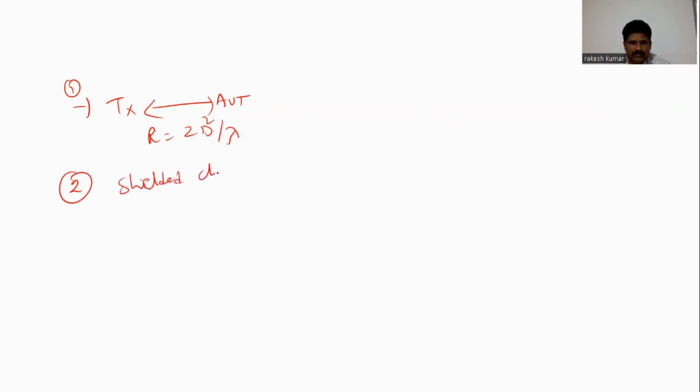So the things to remember before doing the experiment: first, the separation distance between the transmitting antenna and the antenna under test should be R equal to 2D square by lambda. Second, the entire setup should be kept in a shielded or anechoic chamber.